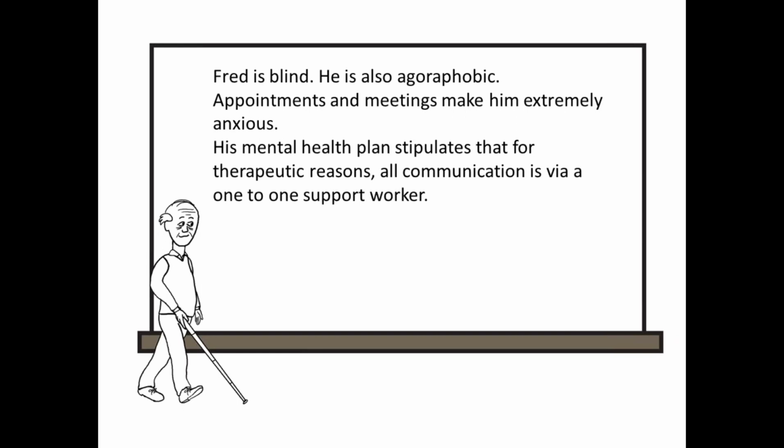So if we look at this example above, Fred is blind, he's also agoraphobic, and appointments and meetings make him extremely anxious. His mental health plan stipulates that for therapeutic reasons, all communication is via a one-to-one support worker. And in a way, this is a trick question, so this is out of scope. The support falls out of scope, so it's important, obviously, but it's not covered by the standard.